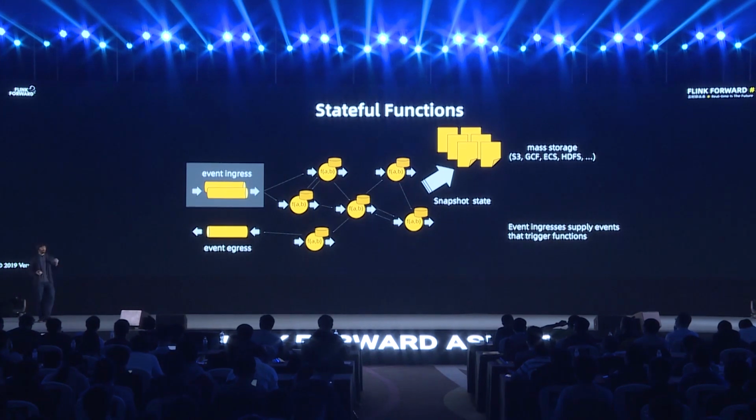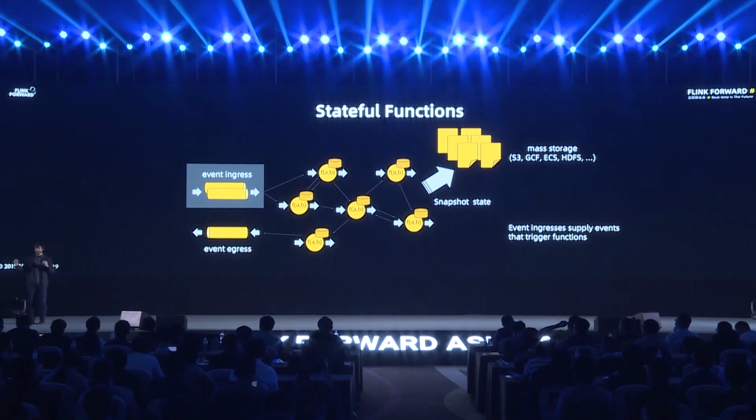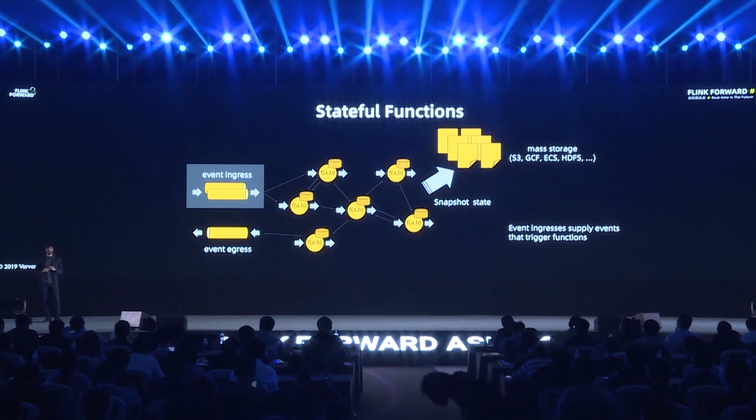These can be message queues like Kafka, RocketMQ, Pulsar, Kinesis, Pravega, all the different systems that feed your streams and events. But we really want to go beyond the pure stream event space, so we're also working on adding simple HTTP servers as event ingresses that give you an event for every request.